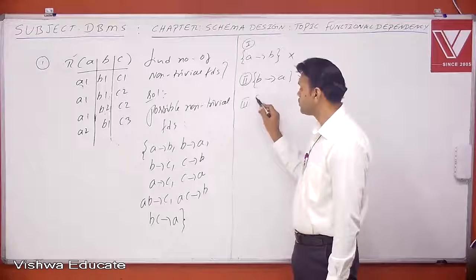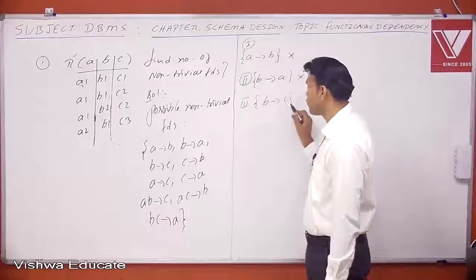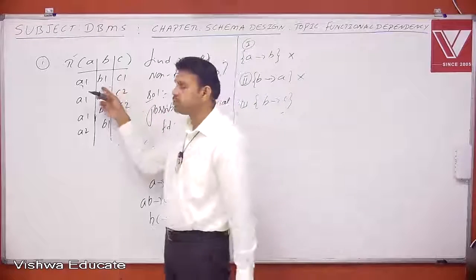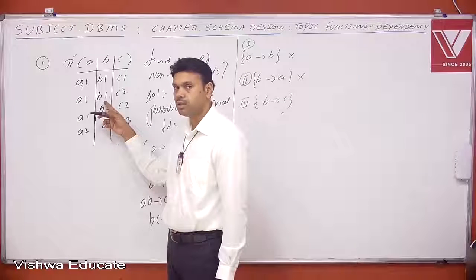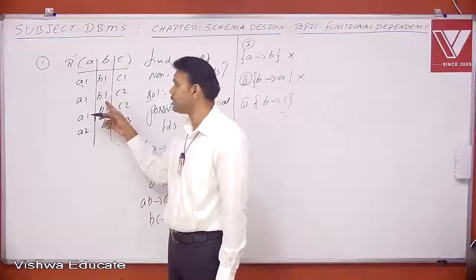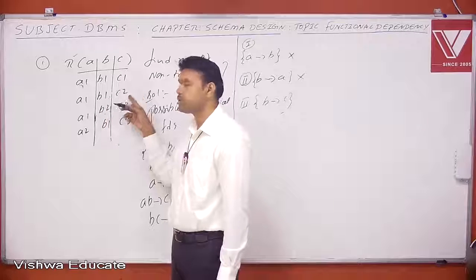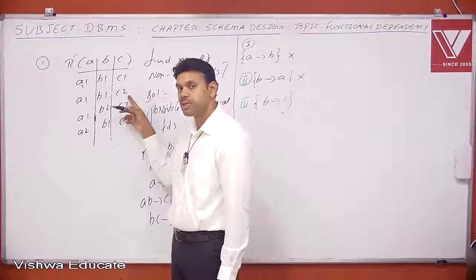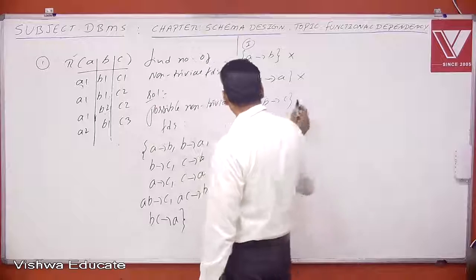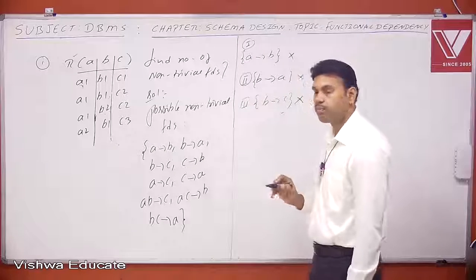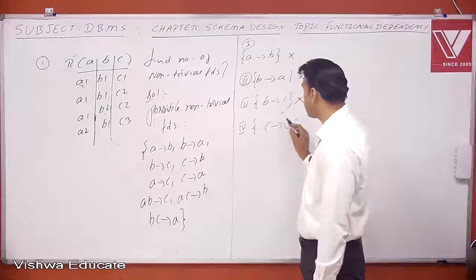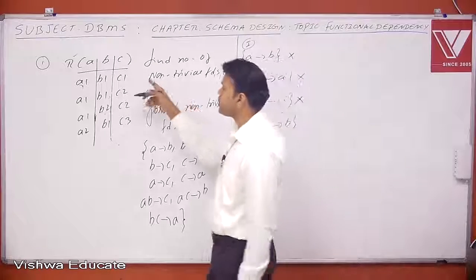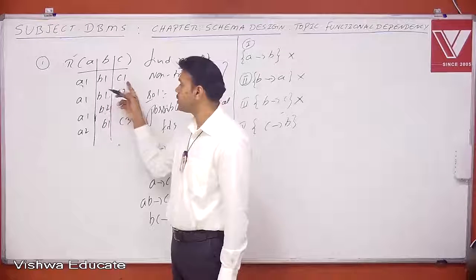What is the third one? B to C. Now what is the B value? B1. It's unique or redundant? Redundant. So when it is redundant, C1 has to come. But what is given? C2 is given, and it is also wrong. And what is the fourth one? C to B. This time C is the determinant, B is the dependent.